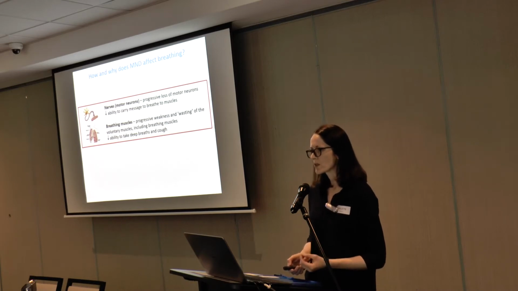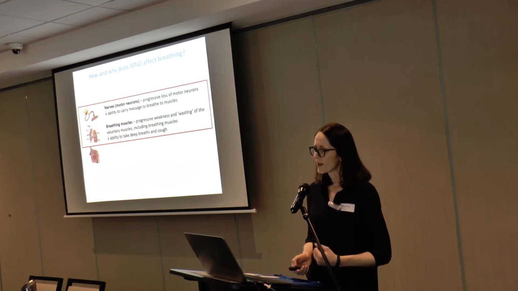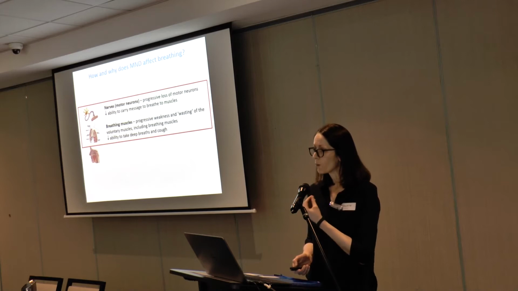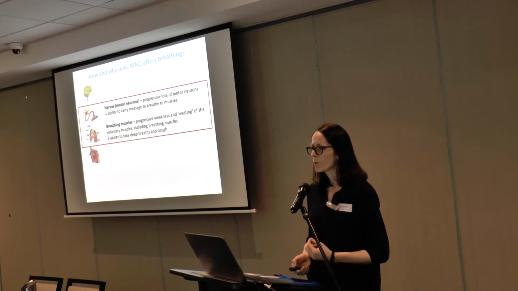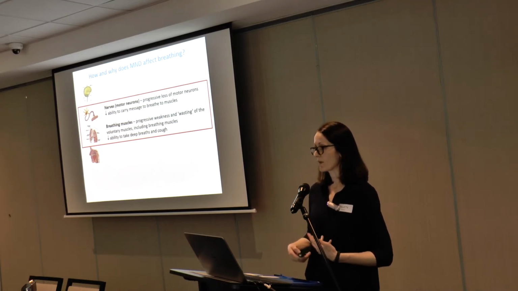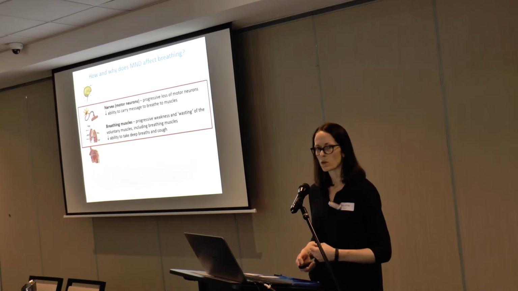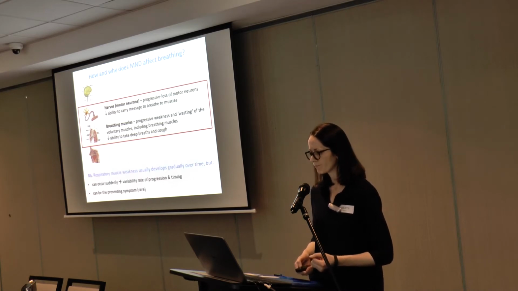And when this occurs, it can reduce the ability to take a deep breath or do things like cough. MND can also affect the muscles in the throat, the bulbar muscles. This can have an effect on breathing. And a small proportion of people, even if their respiratory muscles still appear to be functioning normally, can still have an impairment in their drive to breathe, which can affect breathing.